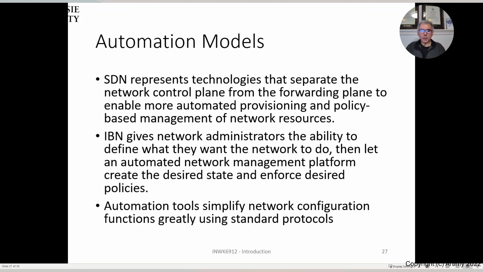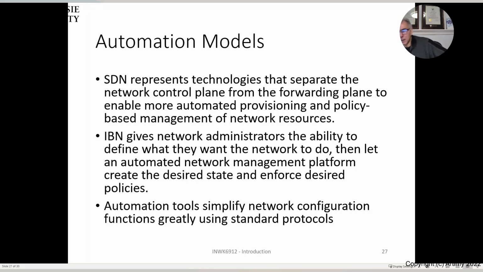Software-defined networking, you know about it. We talked about it multiple times during the program, but in general it means to remove the control plane, remove all or most of the intelligence from the devices, put it in one central location, and that central location sends control instructions to all the devices.